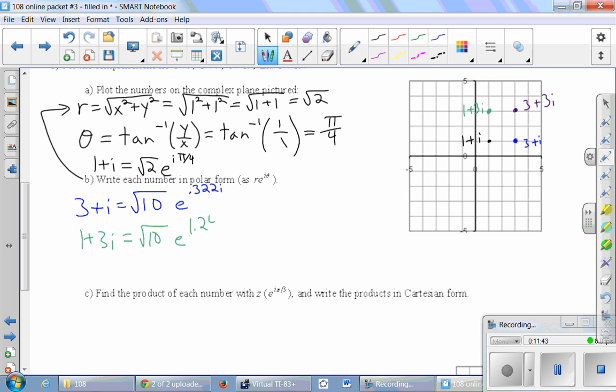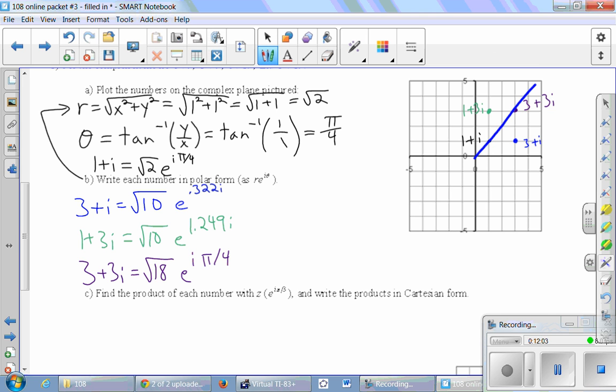And then there's an I up here. And then finally purple, 3 plus 3i. So here the radius is different, it's further away. Square root of 3 squared plus 3 squared, or square root of 18. You can simplify that if you wish. And then the angle is, again, pi over 4. 45-degree angle right there.